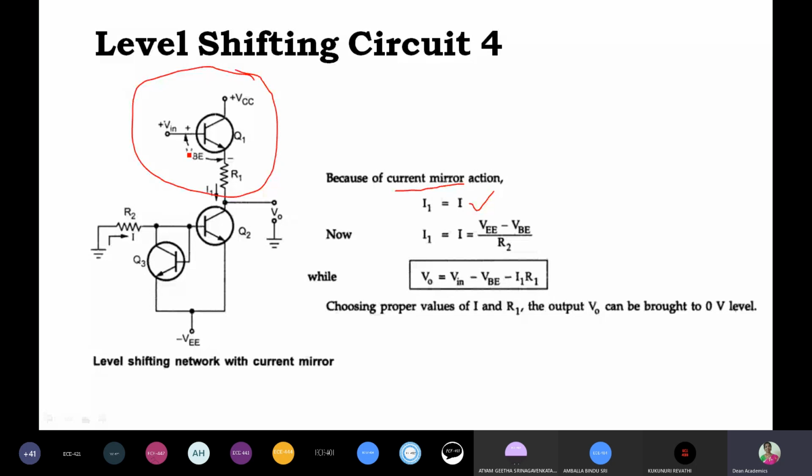For that, in general, we use the same equation. Otherwise you can write I1 or I is equal to V in minus VBE.